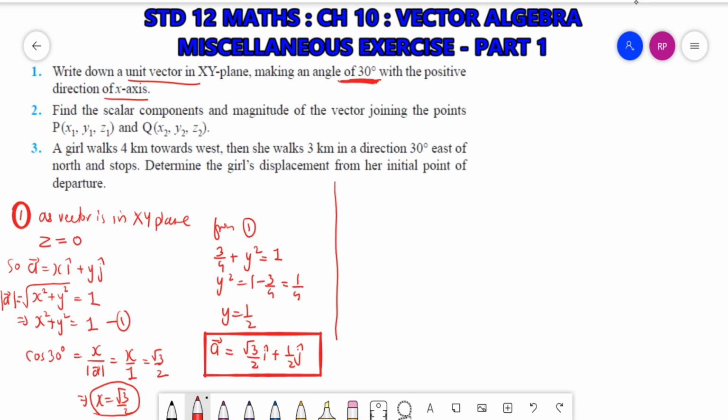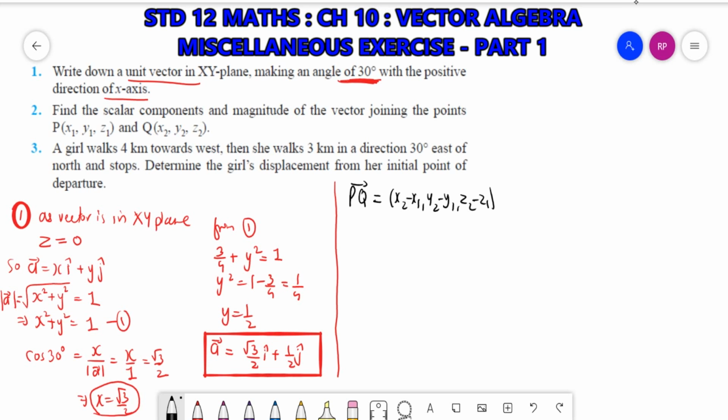Now, let's see question 2. Find the scalar components and magnitude of the vector joining points P (x1, y1, z1) and Q (x2, y2, z2). So vector PQ will be equal to Q minus P: x2 minus x1, y2 minus y1, z2 minus z1.